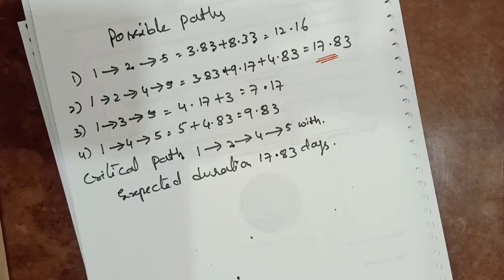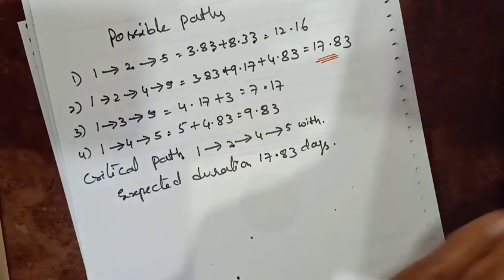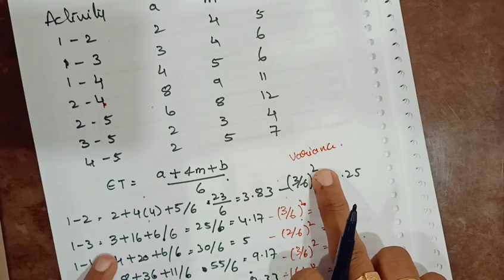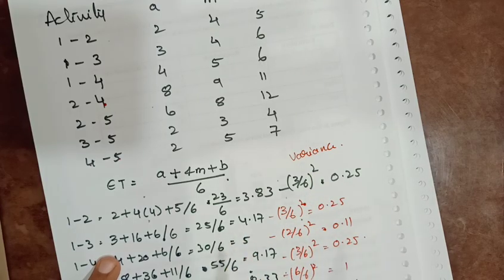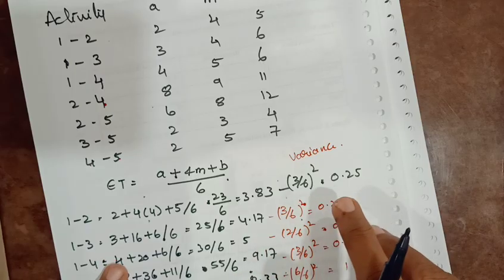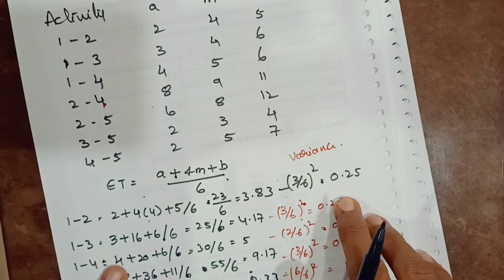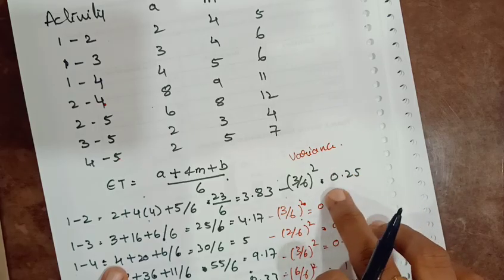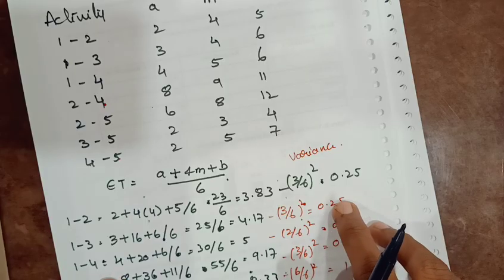We have calculated the variance of the expected time to complete, and now we have to determine the standard deviation of this particular completion time.